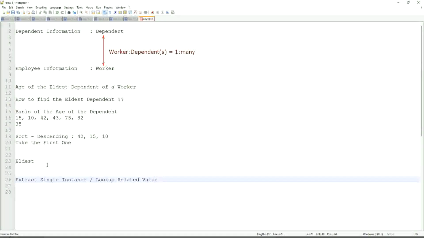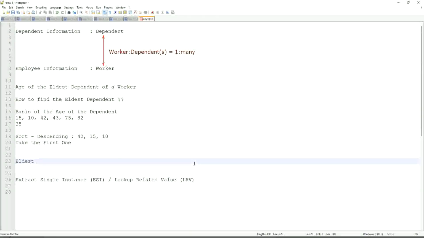This is the most common calculated field function that people will ask you in your interviews. ESI and LRV. Extract single instance is called ESI. Lookup related value is LRV.